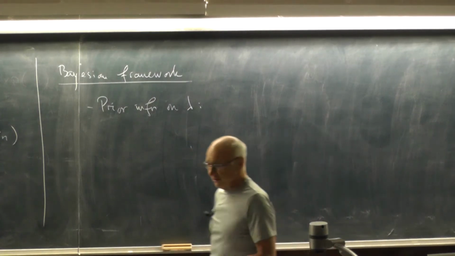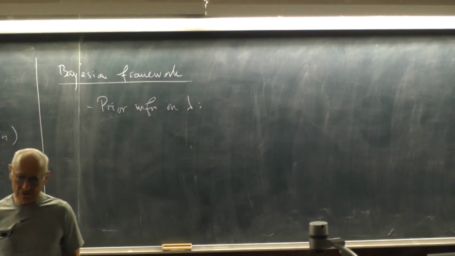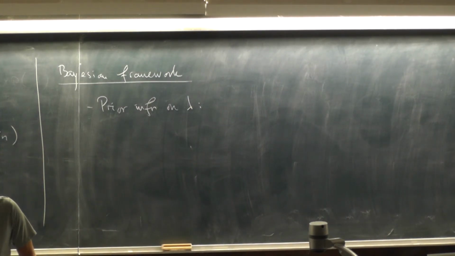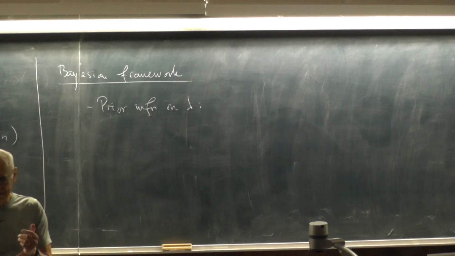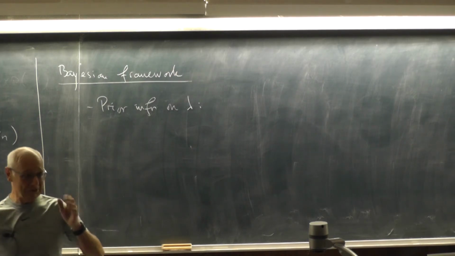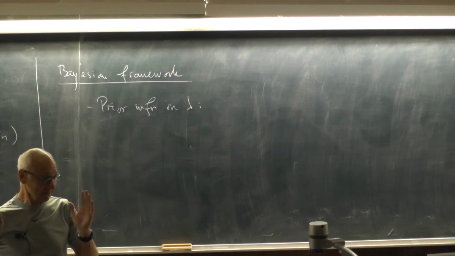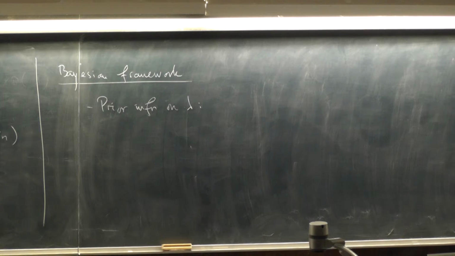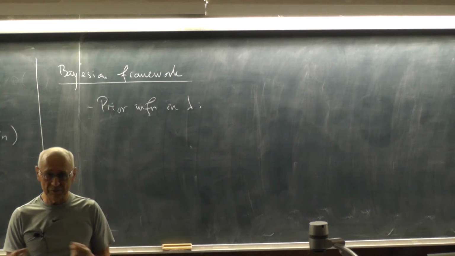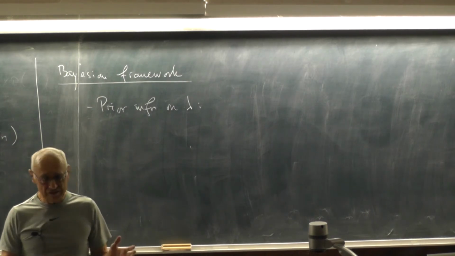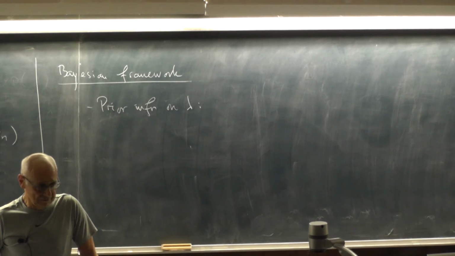Of course, we don't have time to get into a debate on these things, so I'm going to use something very simple. I say that so-called experts told me that lambda is in this interval. It has to be positive because otherwise the probability is not defined. And since I don't believe one expert more than the other, I'm going to say it's uniformly distributed in that interval.